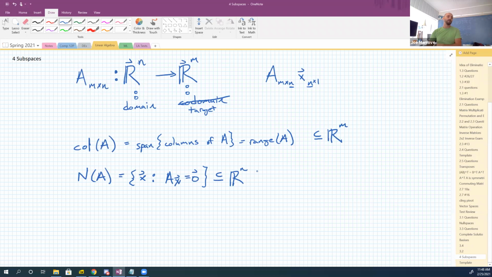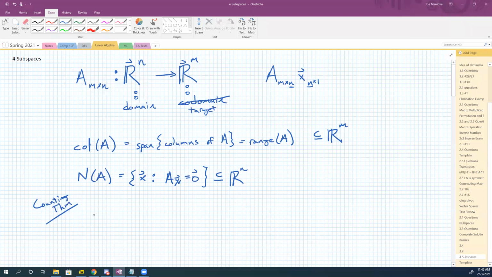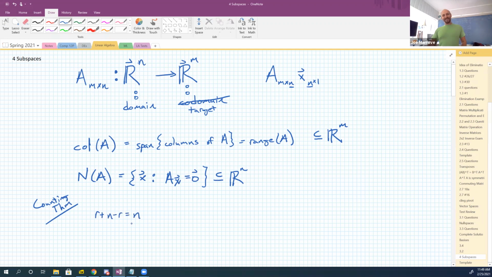And then remember we have this counting theorem, right? What does the counting theorem say? You guys remember what the counting theorem says? Isn't it just r plus n minus r equals n? Or is it n minus r equals f? Well, yeah, it boils down to n is equal to r plus nullity.